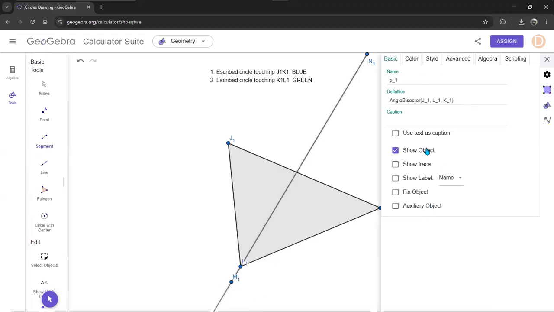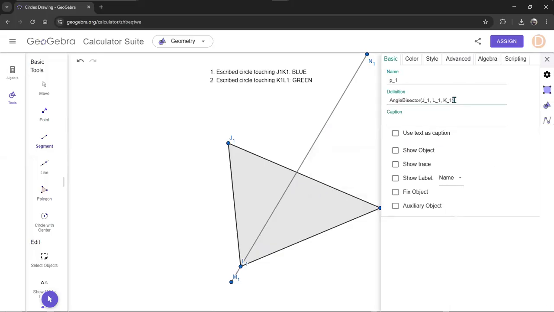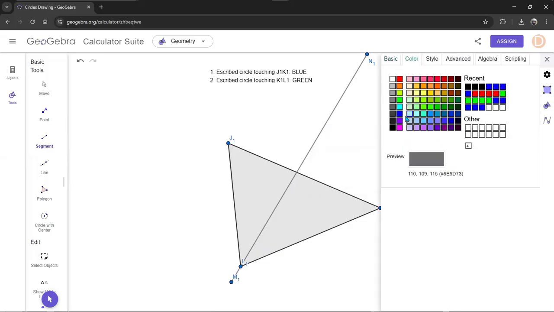And the reason why it extended to this side more is because the escribed circle is expected to touch this line. So it's supposed to come maybe like something like this, without getting inside. So that means our center must be on this side here. So we have that one. And we said about the color, the first one is supposed to be blue.